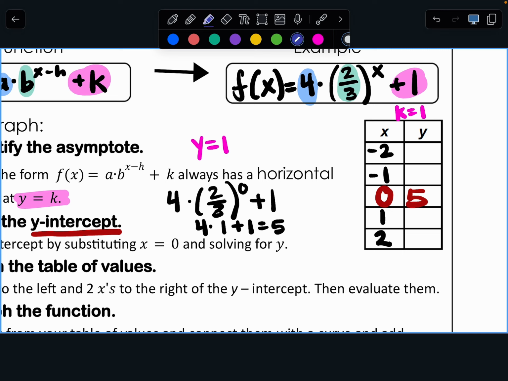So if I substitute in -2 for x, using my calculator, I'm going to do 4 times 2 over 3 to the power of -2 plus 1. That will be 10.